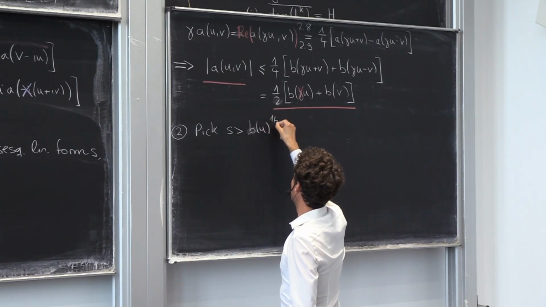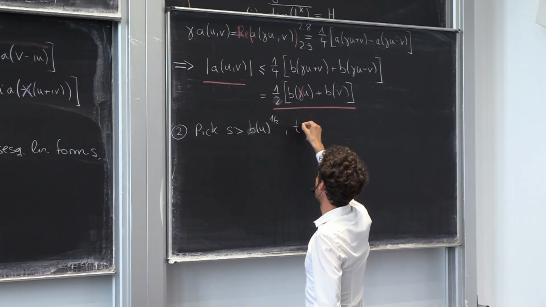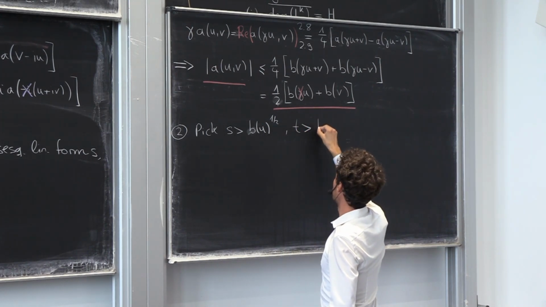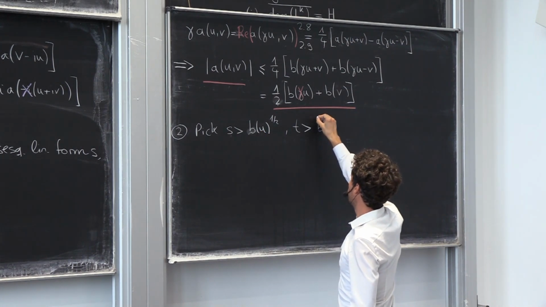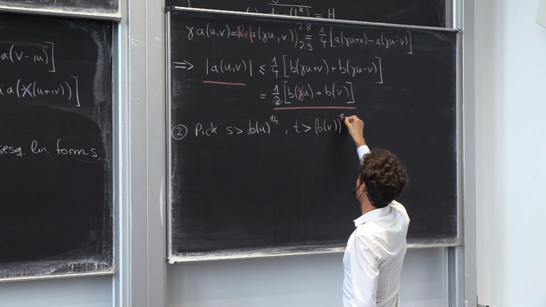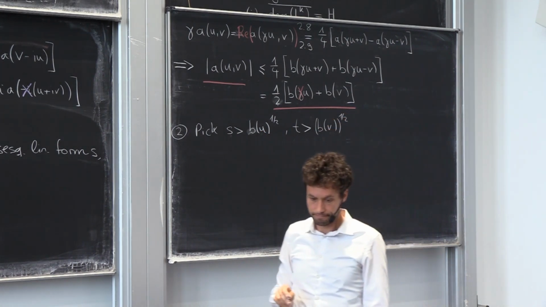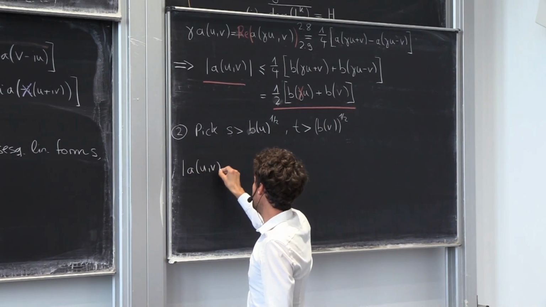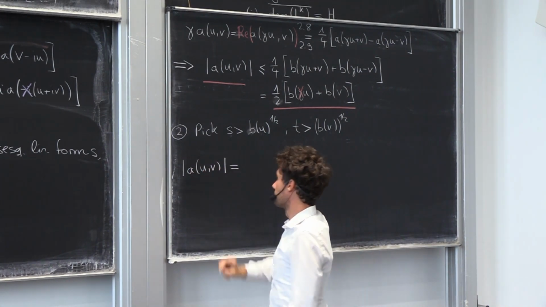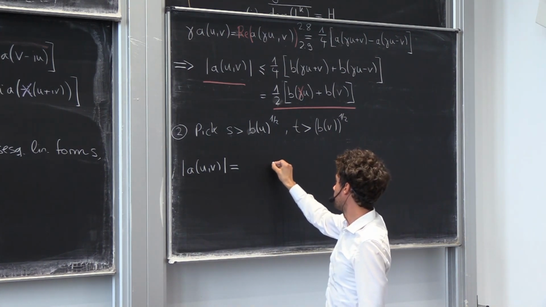to complete the proof. So let me take positive numbers s larger than the square root of b of u, and t larger than the square root of b of v. And now I'm going to write out A of uv as the following thing.